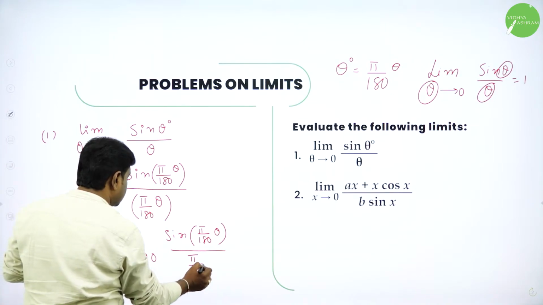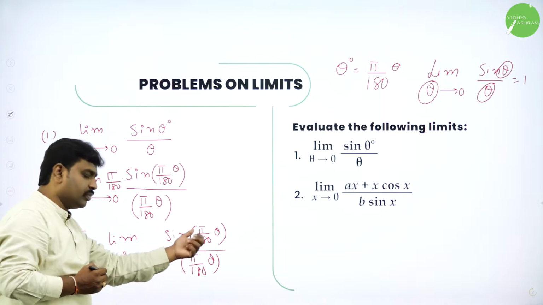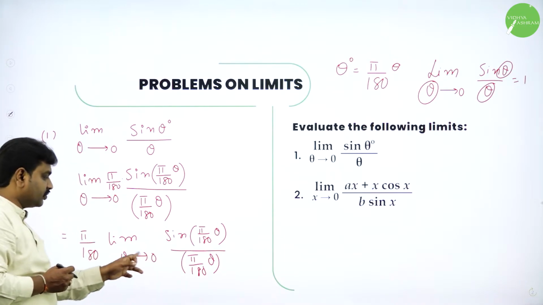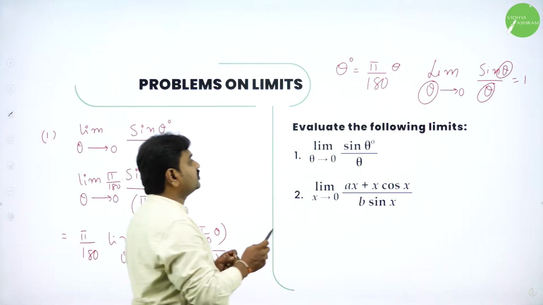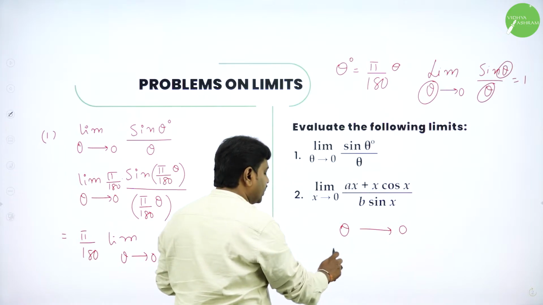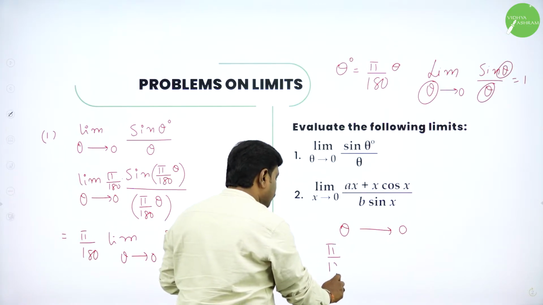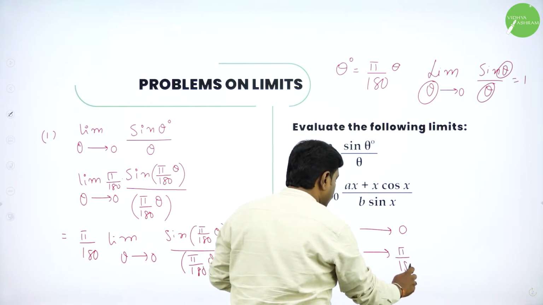So now observe, this is in the form sin theta by theta. Inside sine and denominator both are same, and if theta is tending to 0, you can multiply pi by 180 on both sides. See, tends to is like is equals to. We have theta is tending to 0. Multiply pi by 180 on both sides. So it will become pi by 180 times theta tends to pi by 180 times 0.